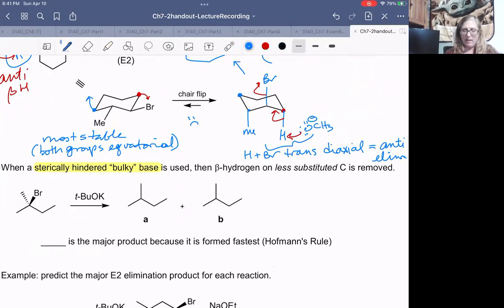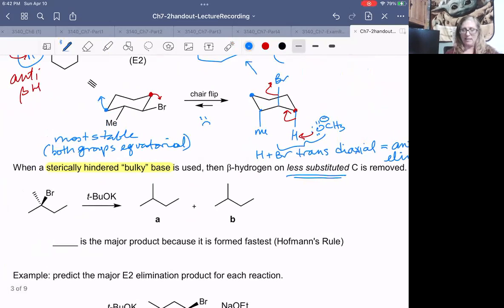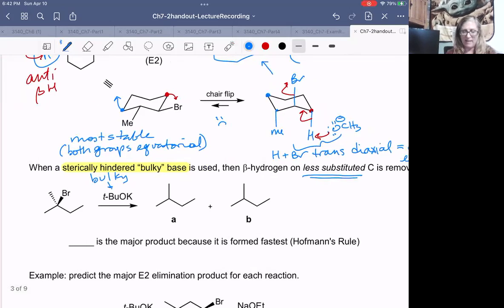The beta hydrogen on the less substituted carbon is removed instead. So again, let's take a look at this elimination. If I used T-butoxide instead of this, remember T-butoxide is a very bulky group. There's a lot of steric hindrance that comes with that.